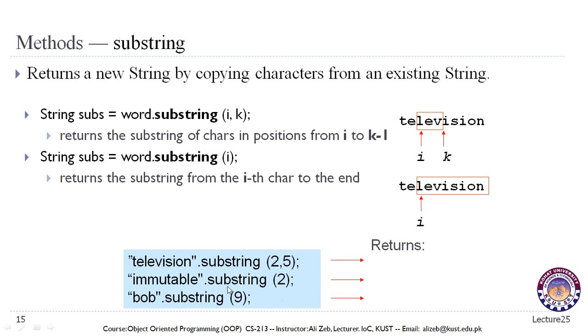The characters it will return go up to the position 1 less than 5. So it will return "lev". "immutable" from position 2 up to the end of the string should return the rest, and if we do not have the index position in the string that we want to return, we'll see that it will return an empty string.